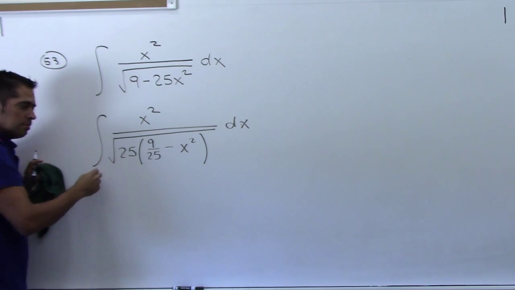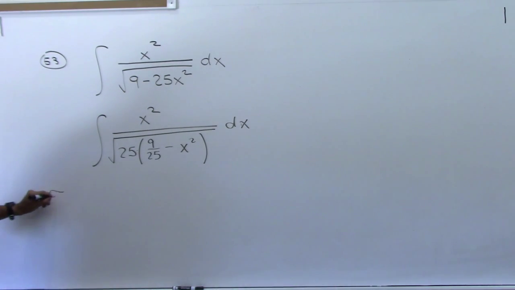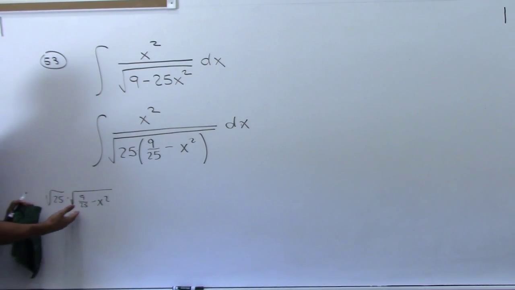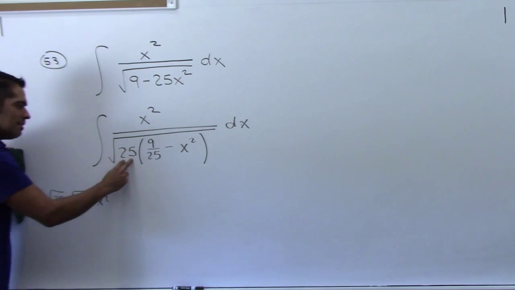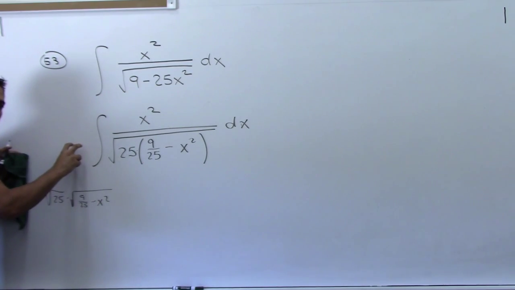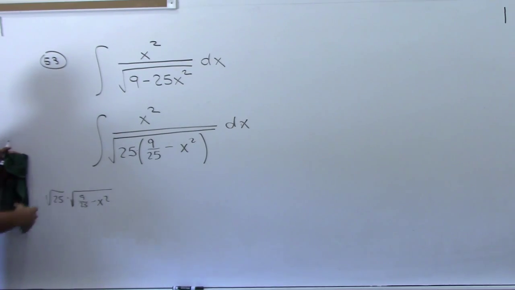Yes? Since that's times, I could break that into 2 roots, root 25 times root of 9 over 25 minus x squared. That's the same exact thing. Then that root 25 on the outside is a 5. Had I factored out a 20, then I would pull out a root 20, because it's not a perfect square, but it's a constant, so it would just come out.